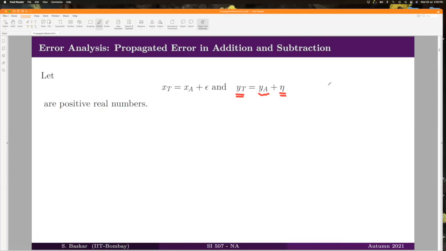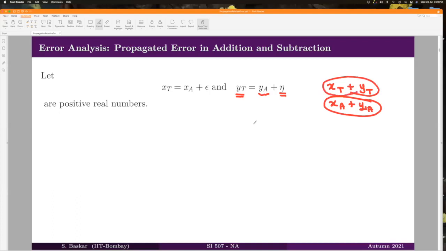Now we would like to evaluate the sum of the two numbers xt and yt. As we have taken, our computer is going to consider the approximate values xa and ya instead of xt and yt, and thereby our computer will give this value instead of this value.